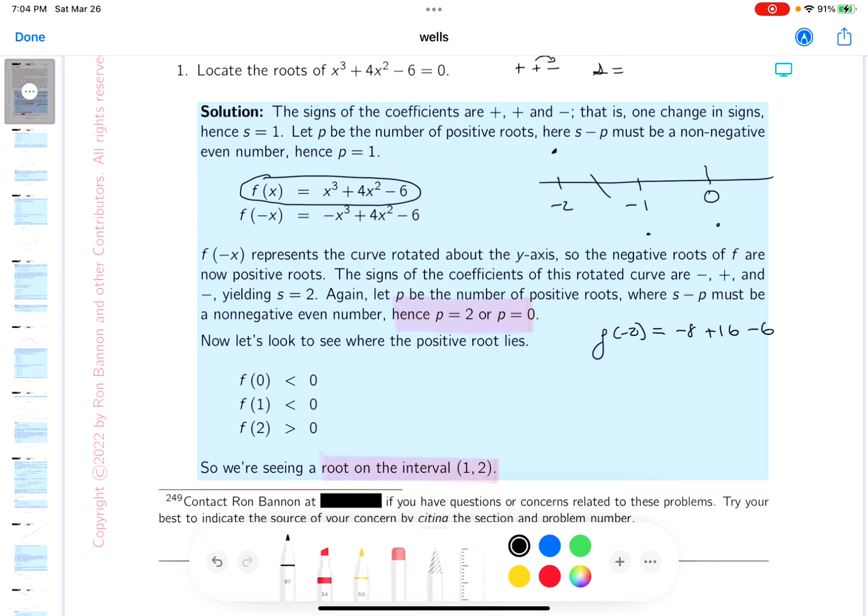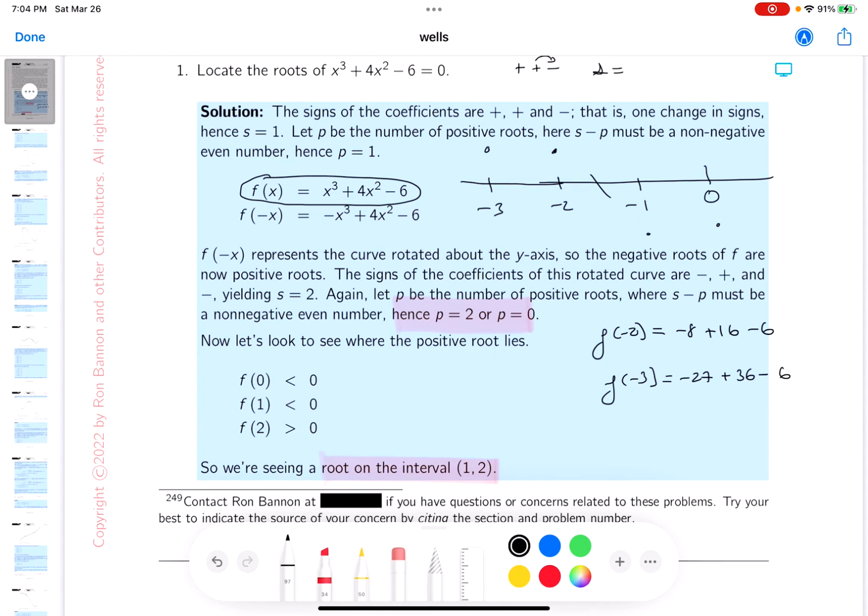So let's put that down. Let's do f of minus 3. We'll look at the picture later, by the way. What's f of minus 3? Well, it's minus 27. And then you're going to get plus 36 minus 6. It's still positive.